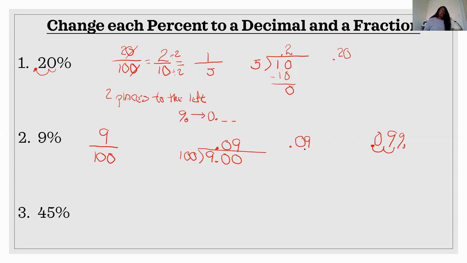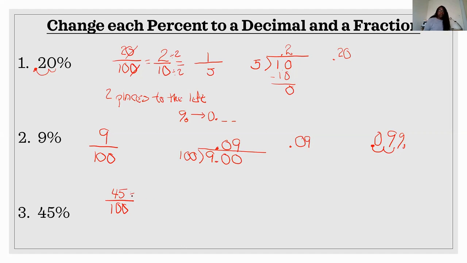And lastly, for 45%. We know we've got 45 over 100. I can't do that simple crossing out of zeros because I have 45 and 100. But I definitely know that the 5 and the 0 are both divisible by 5.